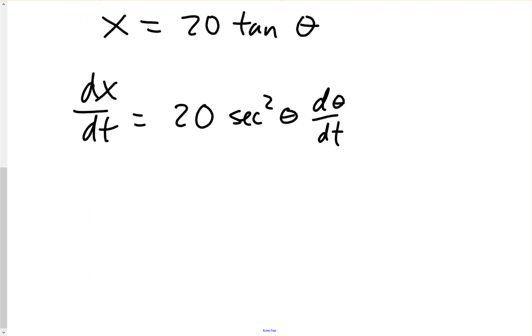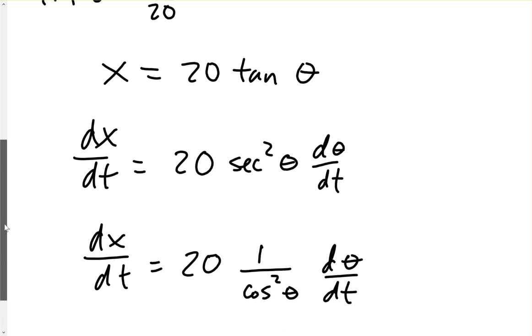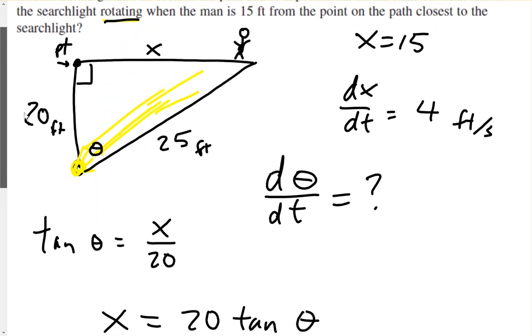Now if we're going to solve this, let's solve it for d theta/dt first. That's what we're looking for. We have dx/dt equals 20. Now secant squared is the same as 1 over cosine squared theta, d theta/dt. In fact, we could just plug in. We know dx/dt is 4.